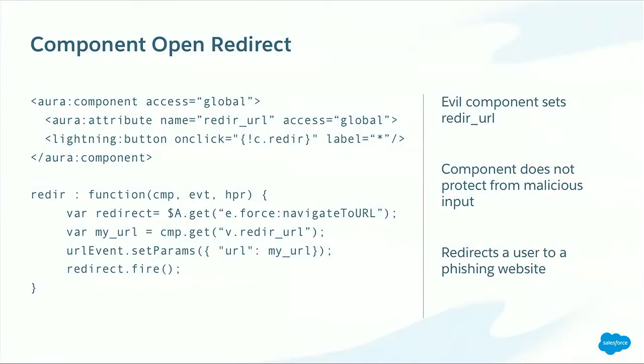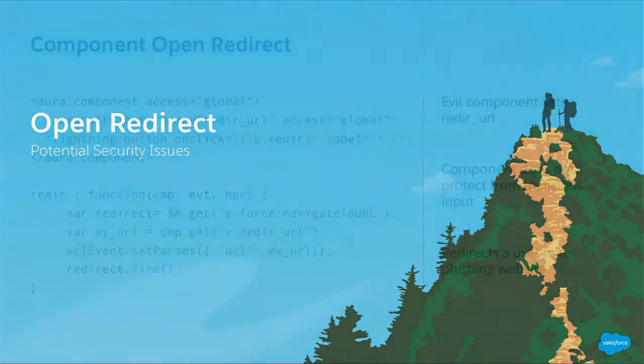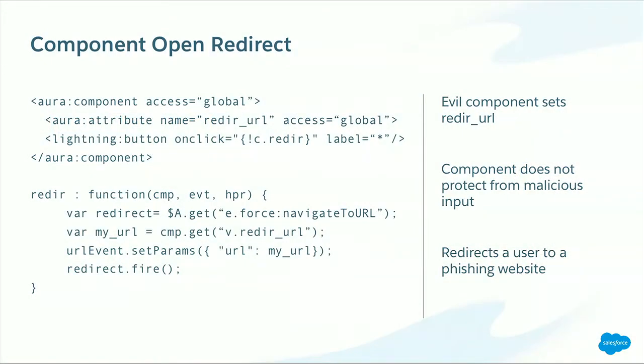Okay. Open redirect is also one of the top 10 OWASP vulnerabilities. So here, it also happens because of poor programming practice. This is a modified code from one of our partners.